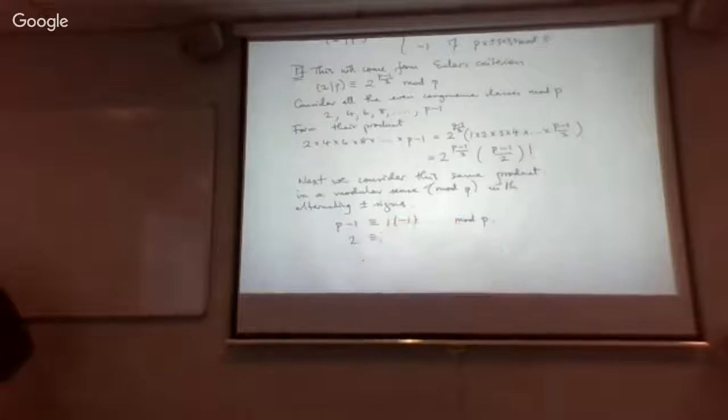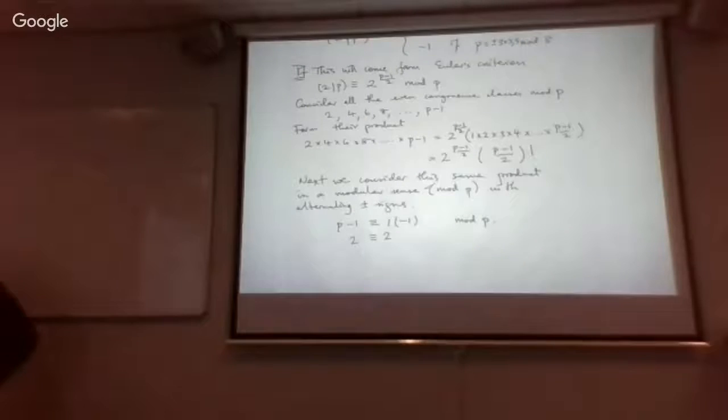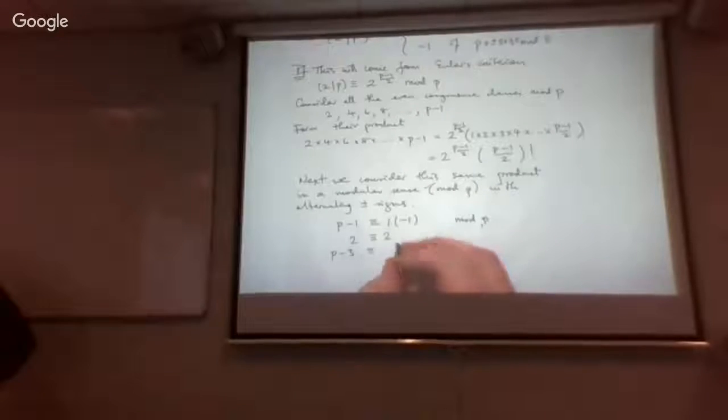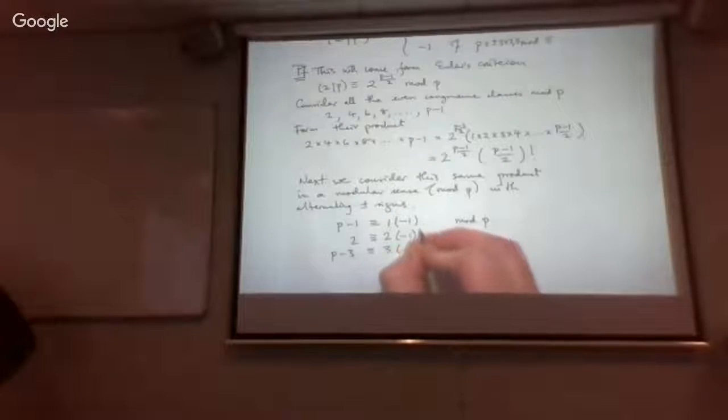Then we take 1 from the beginning, which is 2, and we'll just consider that as 2. And then we'll take the next one from the end, which is p minus 3. Now, p minus 3 is, of course, minus 3, but I'll get my minus sign by cubing minus 1, and I'll get my positive sign here by squaring minus 1.